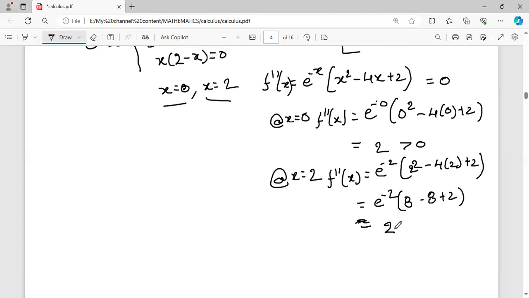So remaining term is 2 into e power minus 2.